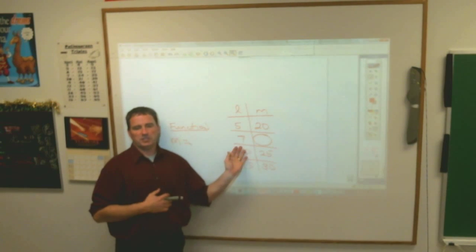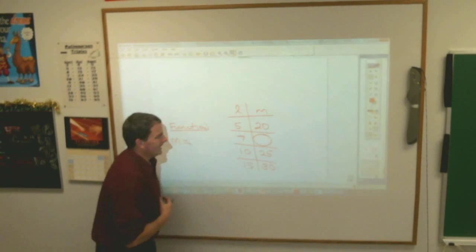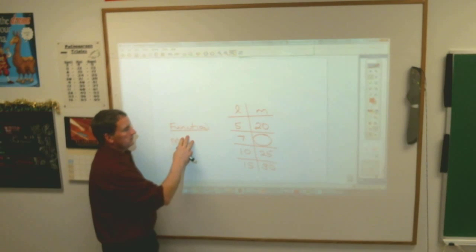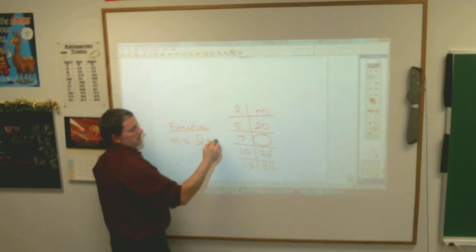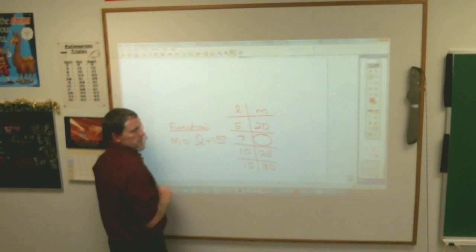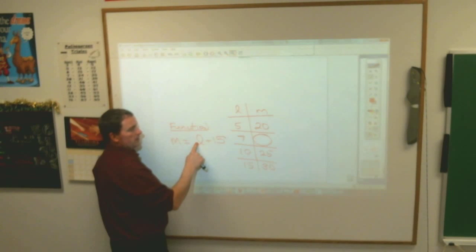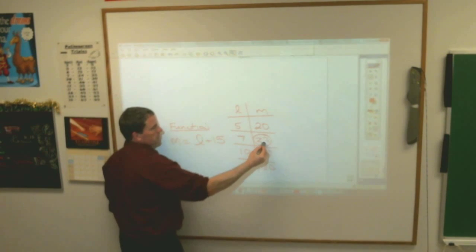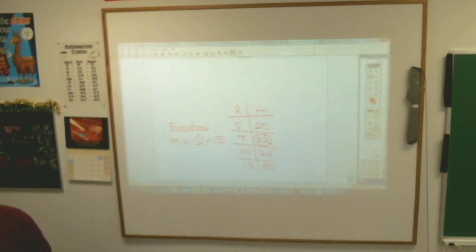Don't always think multiplication. Maybe we should think addition. And what are we adding? 15. So the function would be M equals L plus 15. And what would be the answer for 7 if you put 7 into this for L? 7 plus 15 is 22. Kind of get that? It's really nothing more than a formula.